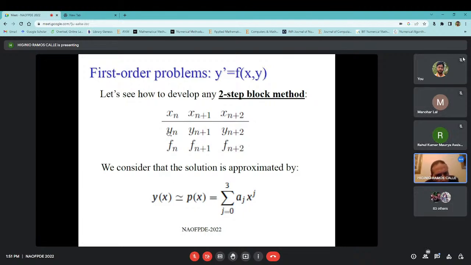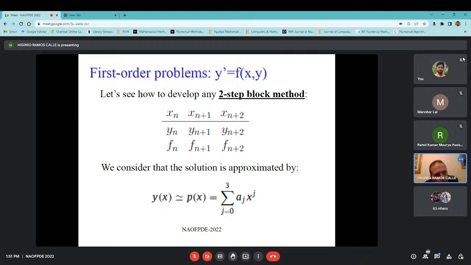So we have other four pieces of information, these values and those ones, which we are going to use to formulate the method. So as we have four values here at our disposal, we consider a polynomial.